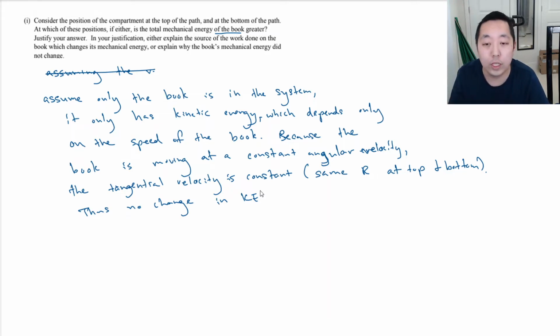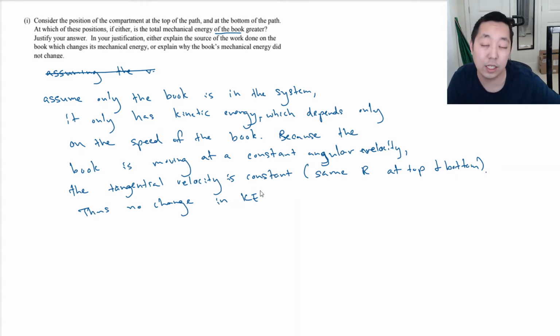So what caused that increase? What added energy into the book-Earth system? That would have been the work done by the motor of the Ferris wheel to push the book up to the top. That's how you would explain it if you were going to include gravitational potential energy.